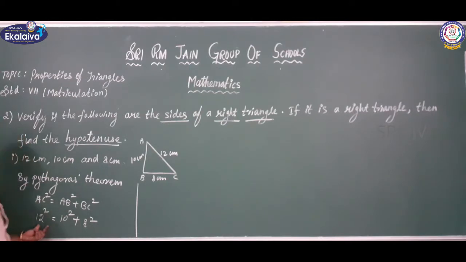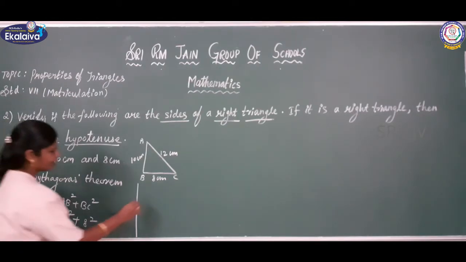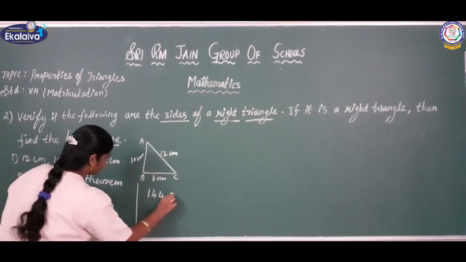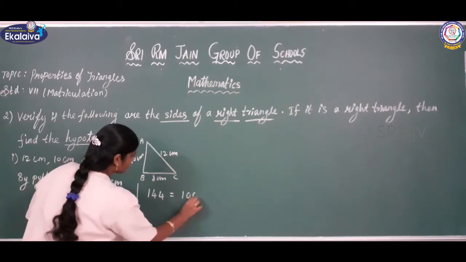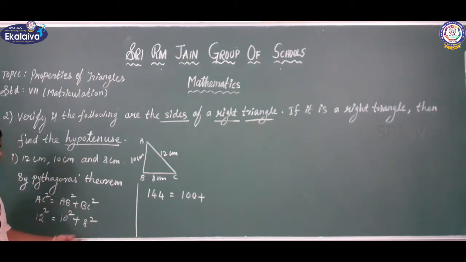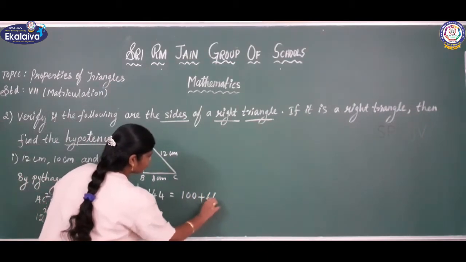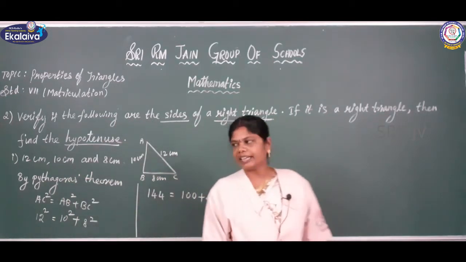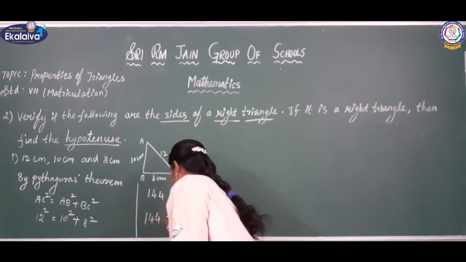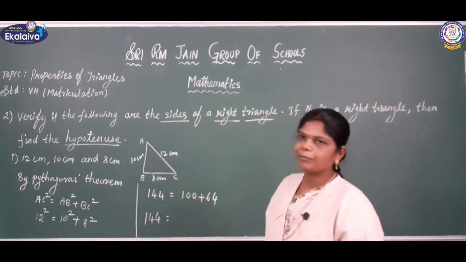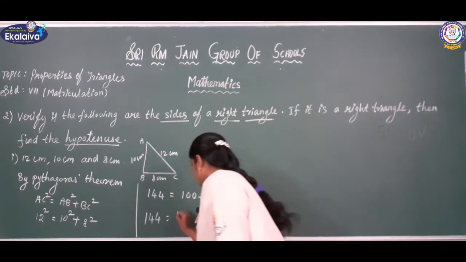So 12 square, what will you get, children? When we square this, what will you get? 144. 144 equal to, here 10 square 100 plus 8 square 64. So when we add this, what will you get, children? In the left hand side we have 144. The right hand side 100 plus 64 you will get 164.